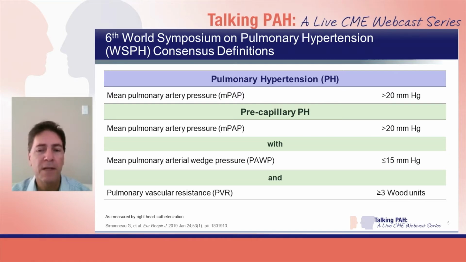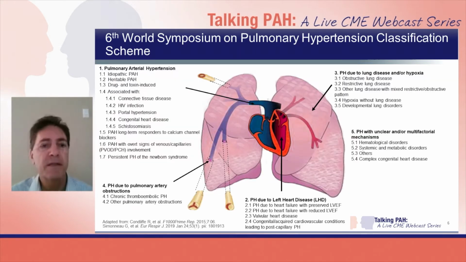In addition, you need to have a pulmonary capillary wedge pressure that's 15 or less, realizing that 12, 13, 14, and 15 are really not normal, but allowing for RV-LV interactions, the cutoff is 15 millimeters of mercury, and that's nothing new from previous definitions, nor is the PVR requirement that the PVR is greater than or equal to 3 Wood units.